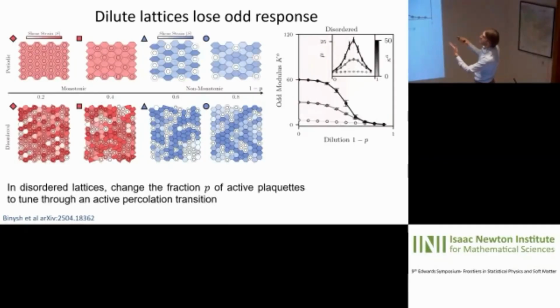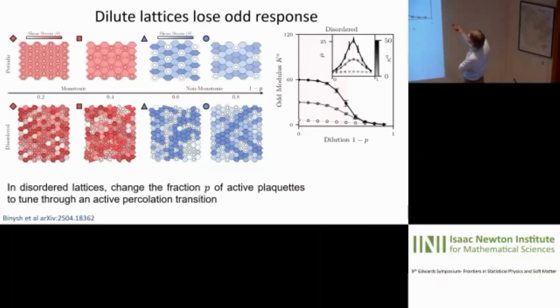And you see this percolation transition here, that it happens quite sharply, where you go from a very low emergent response here at high dilution to a large emergent response at low dilution, at high filling fraction, where on this side your odd modulus grows with the microscopic activity. So these are 3 different curves for 3 different microscopic activities, and it doesn't happen on this side.